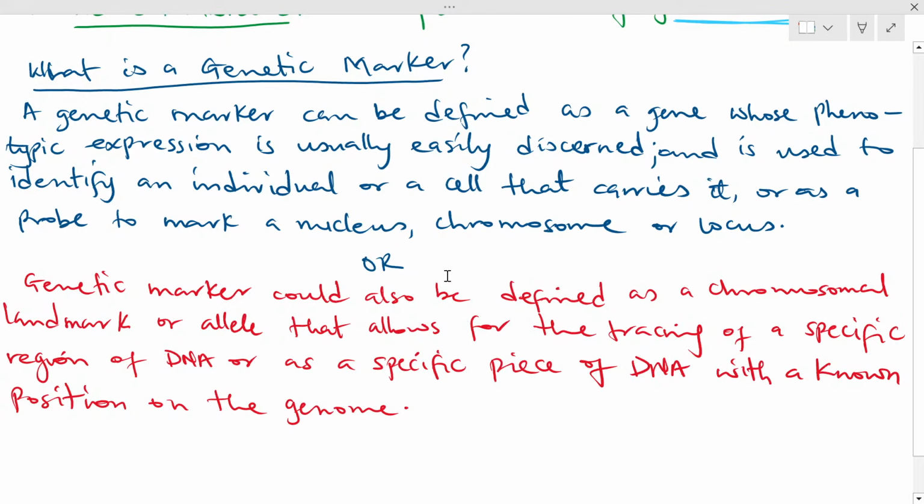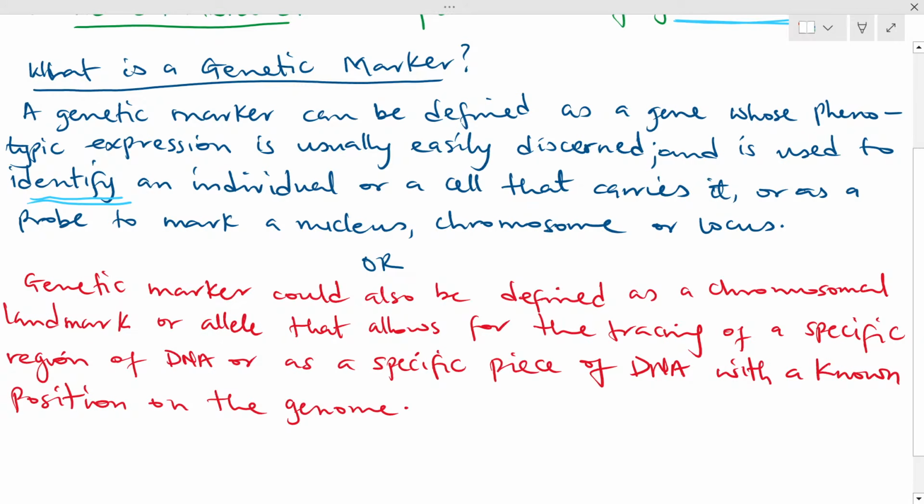The basic keyword in each of them is that they are used for identification: to identify an individual or a cell that carries it, or as a probe that marks a nucleus, chromosome, or locus. A genetic marker could also be defined as a chromosomal landmark. It's like a sign.